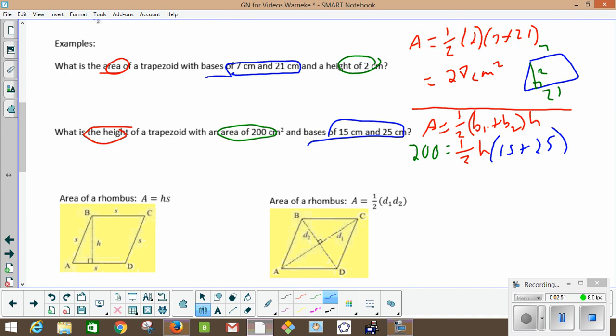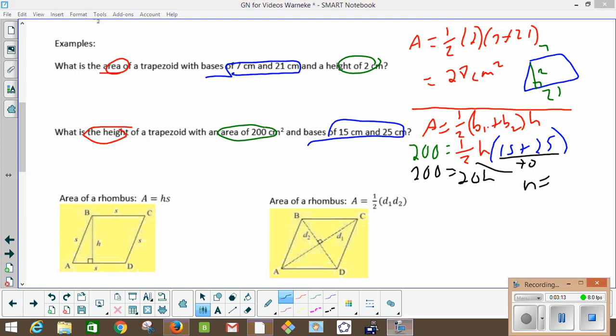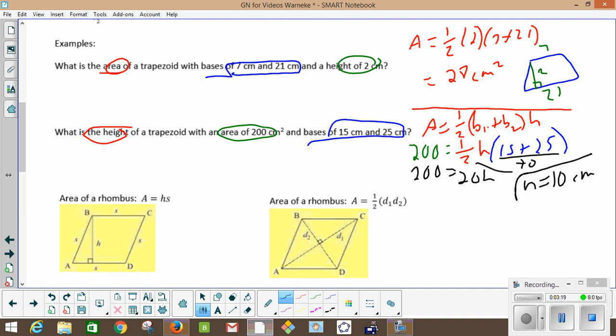So if we do some calculations here, 15 plus 25 is 40. 40 times 1/2 would give us 20, and then we still don't know the h. Divide both sides by 20, and our height would be 10, and it has units again, so we'll say centimeters.